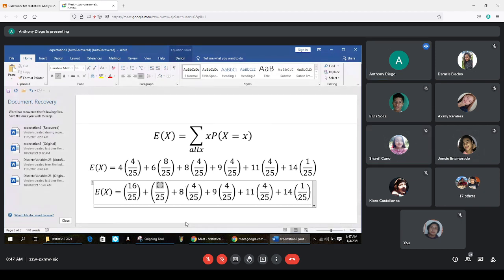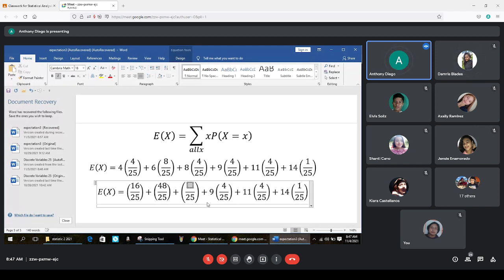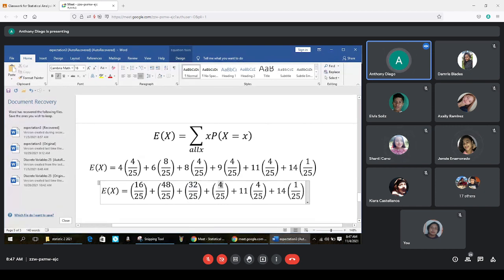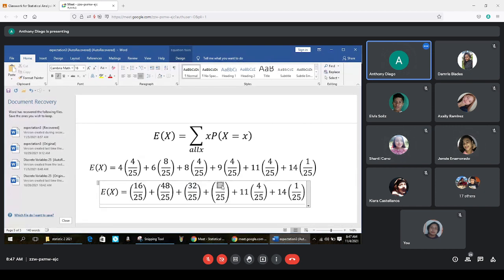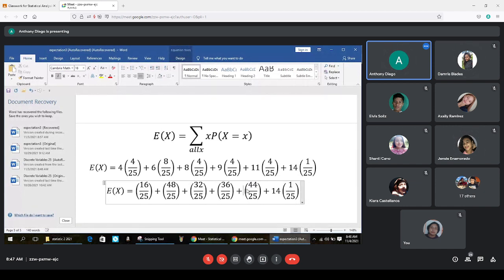Sorry, 38. And then, okay, you are talking about this one, which will be 8 times 4, 32. And the other one will be 36. This will be 44. And this will be 14.